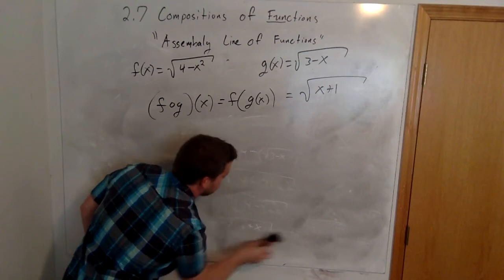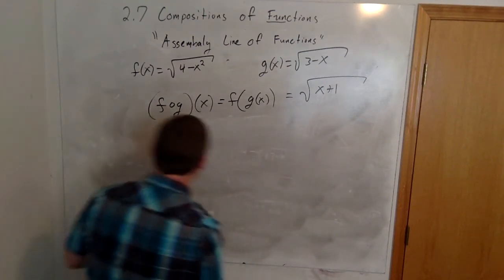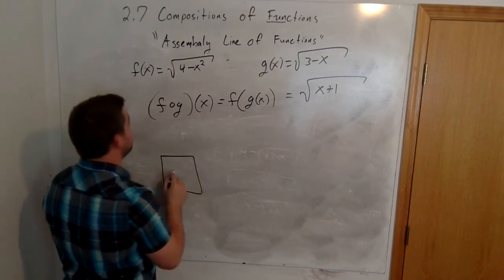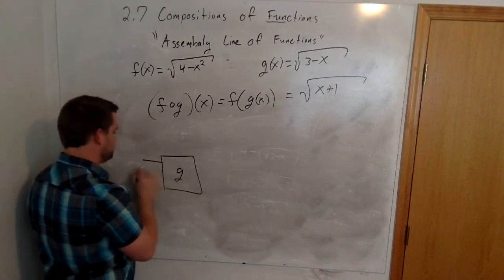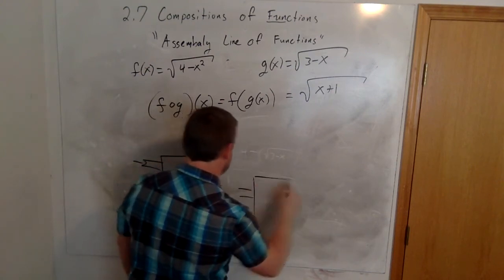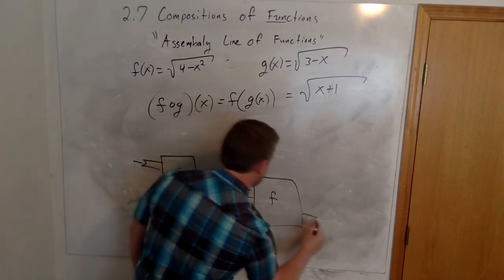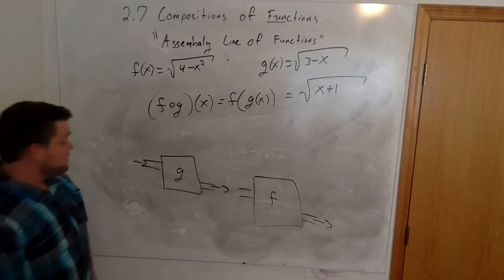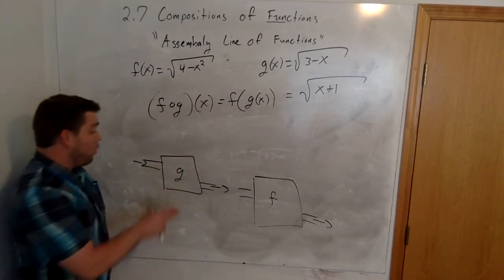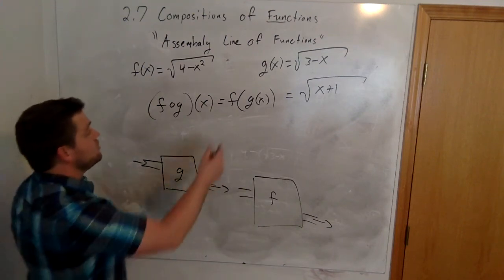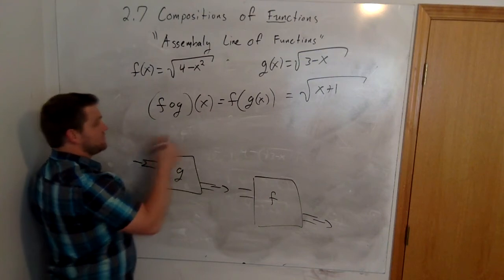Okay, now the question is, what is the domain? I'm going to draw a picture here. We first fed something into g, and then we're feeding that into f. So the first thing I should check is, what could I first plug into g? Looking at the domain of g, what does it accept?